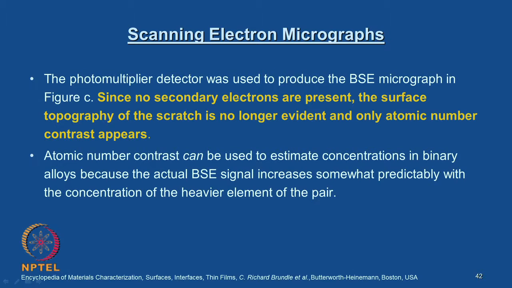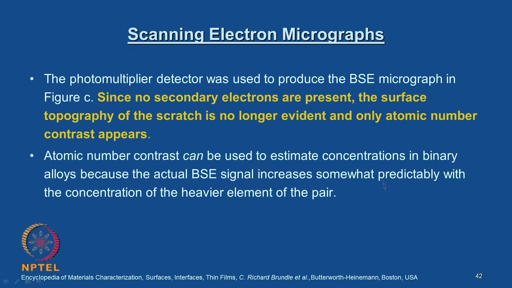The photomultiplier detector was used to produce the BSE micrograph in figure C, what we have just seen two slides before. Since no secondary electrons are present, the surface topography of the scratch is no longer evident and only an atomic number contrast appears. Atomic number contrast can be used to estimate the concentrations in binary alloys because the BSE signal increases somewhat predictably with the concentration of the heavier element of the pair.